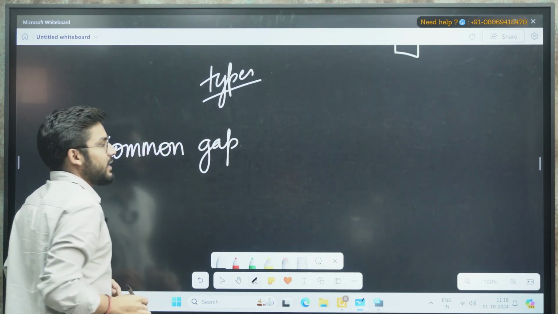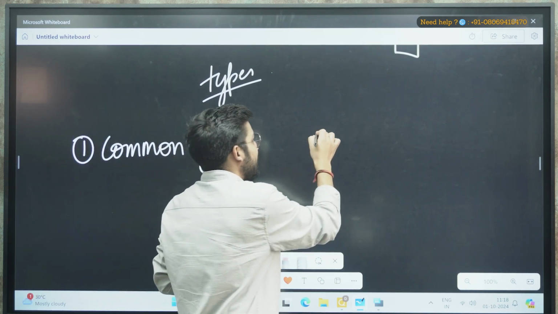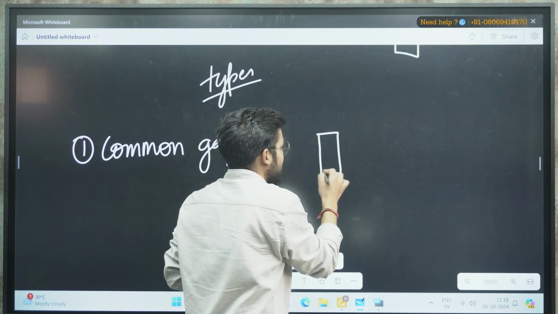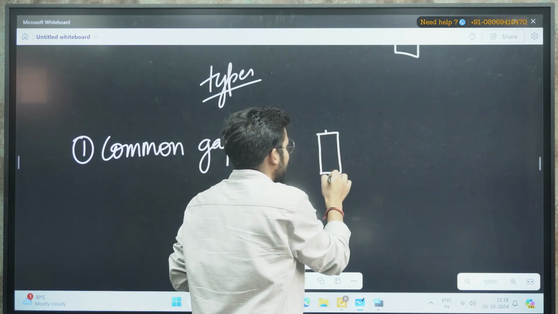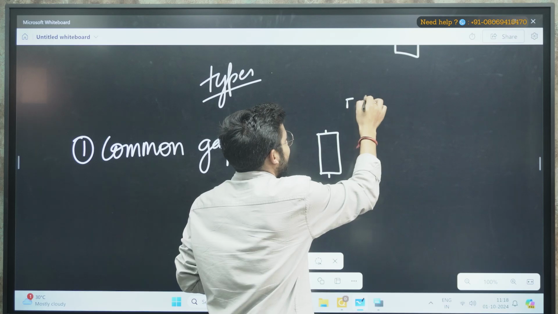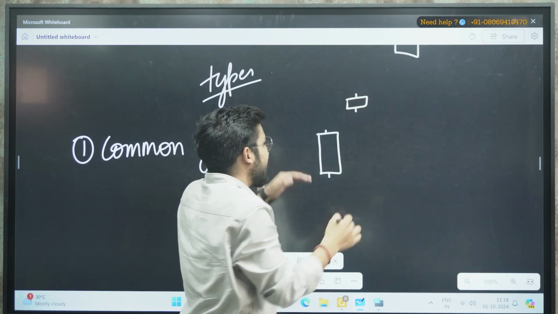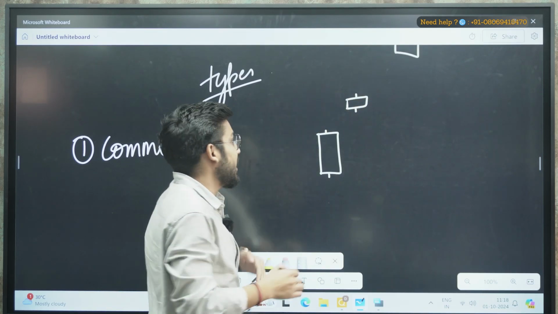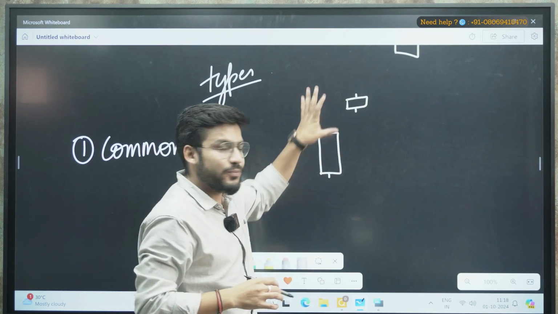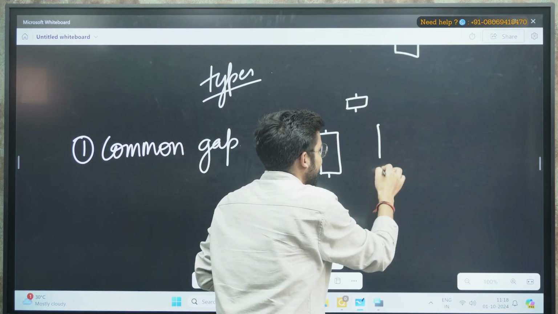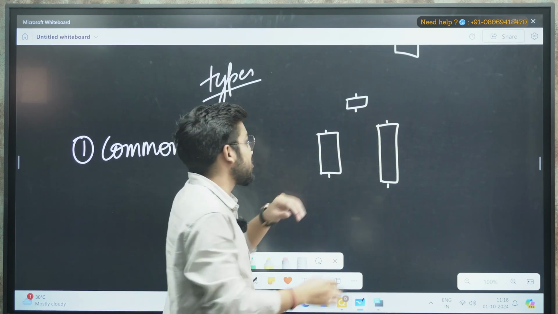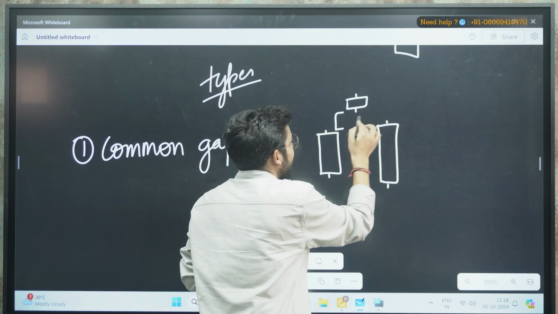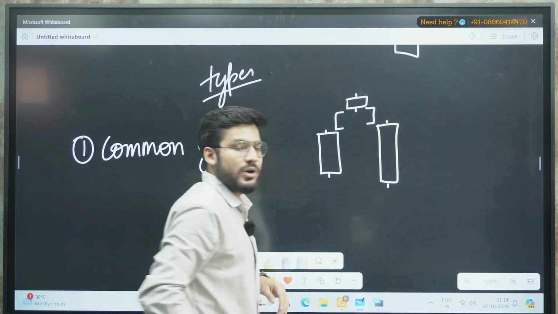How it will look: for example, there is a candle, it can be green or red. After the closing of this candle, the next candle opened gapped up and closed there, and the very next candle formed here. So now there is a gap, and there is a gap again.